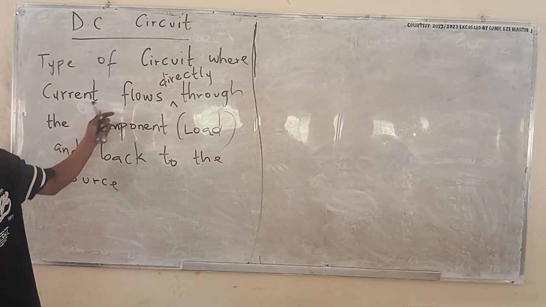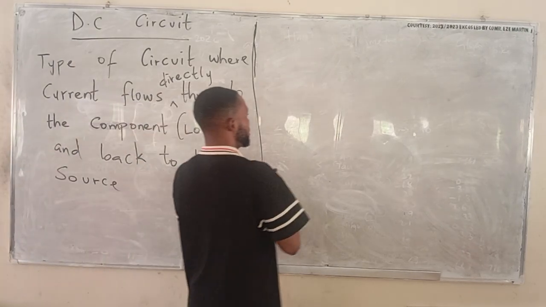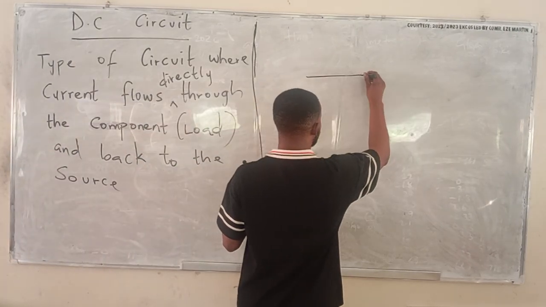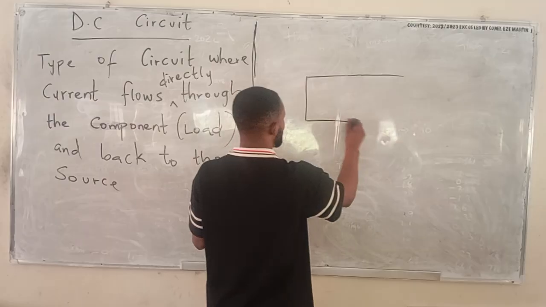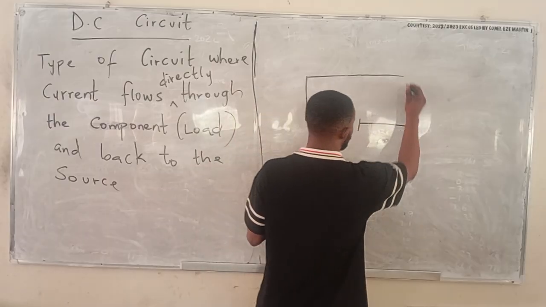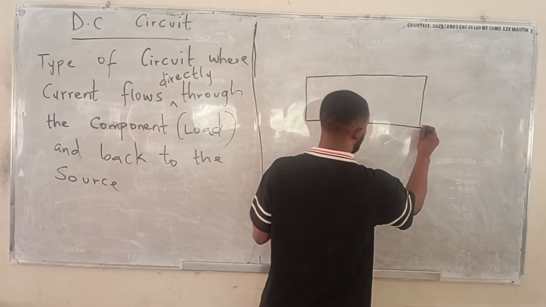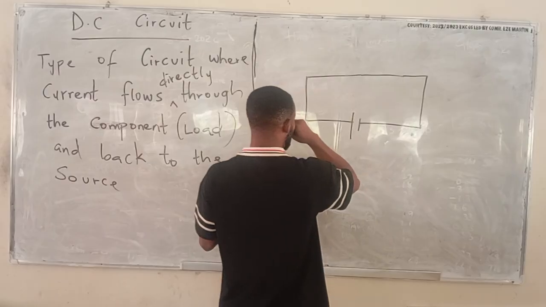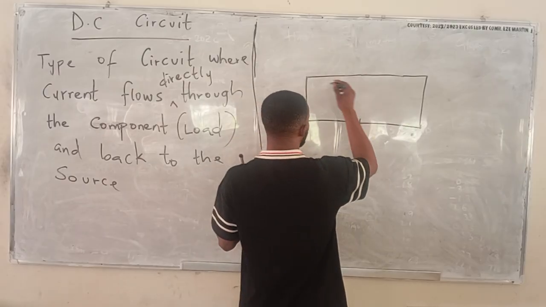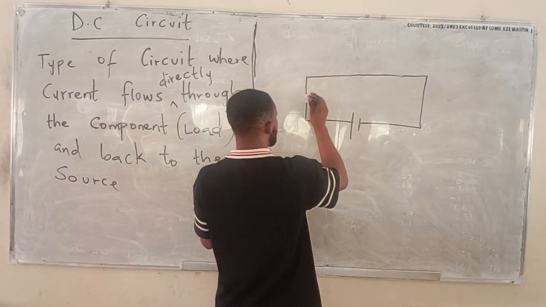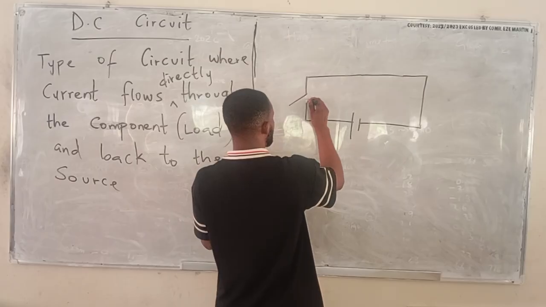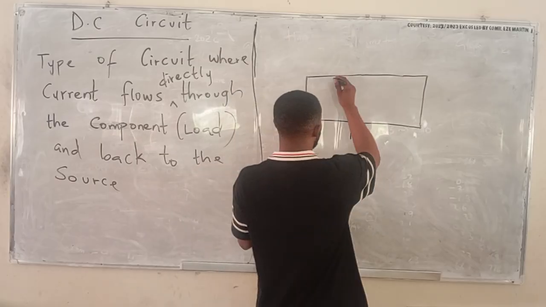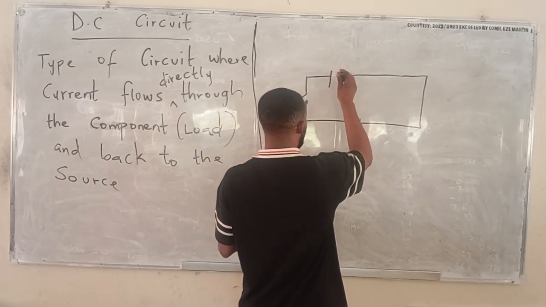Now, DC circuits, let me just draw something to show you what I mean by that. You can have situations like this. Assuming I have, let's say, a switch. Even assuming I have our normal capacitor.